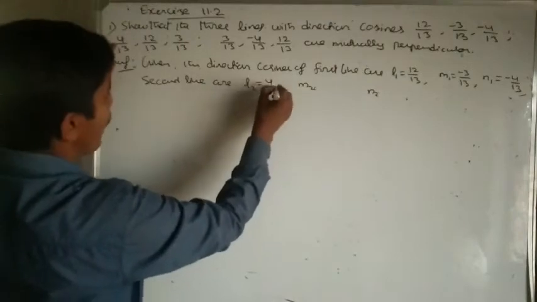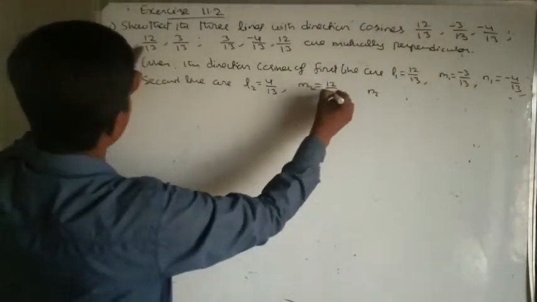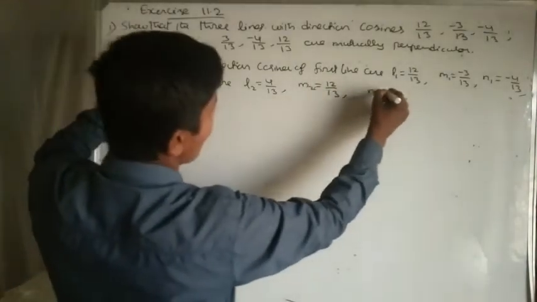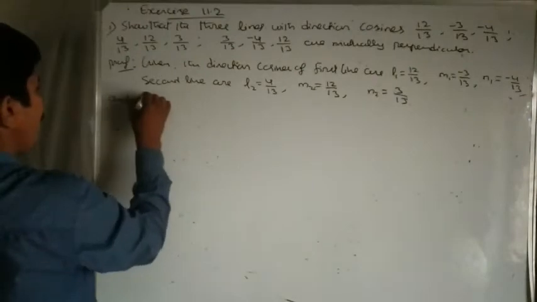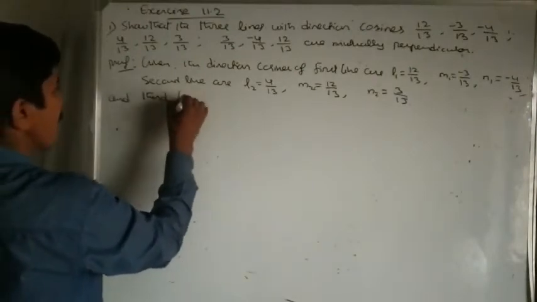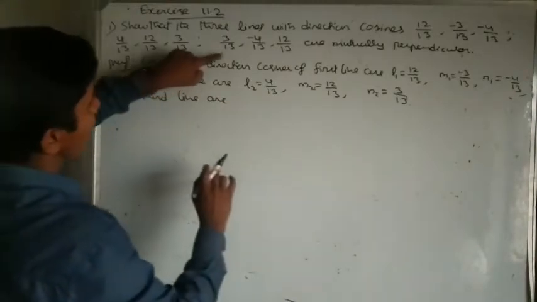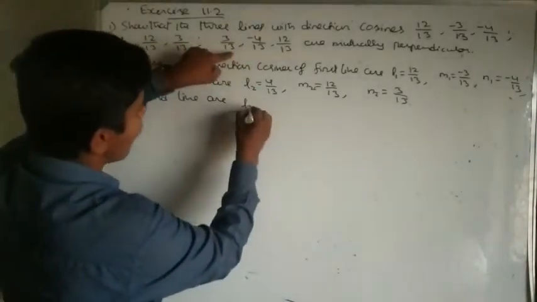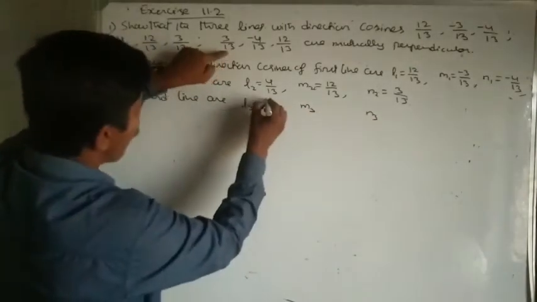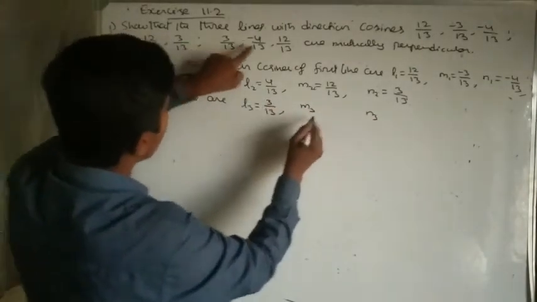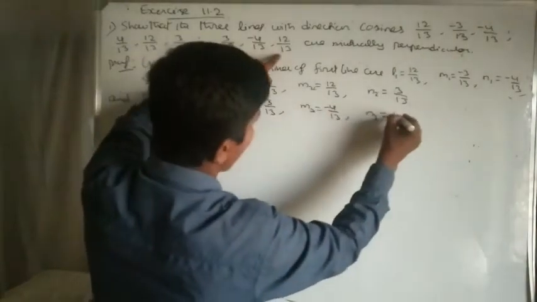L2 equal to 4 by 13, M2 12 by 13, N2 3 by 13. And direction cosines of third line are L3, M3, N3. L3 equal to 3 by 13, M3 equal to minus 4 by 13, N3 equal to 12 by 13.